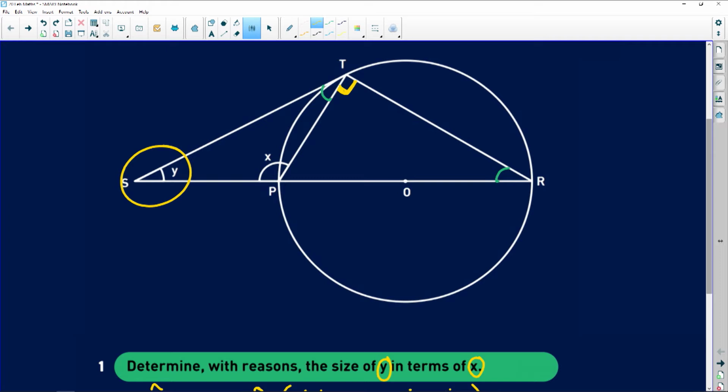So now, to get from this triangle into the one in the circle, we can use exterior angle of a triangle. But if we want to do that, we need to find out this angle R over here.